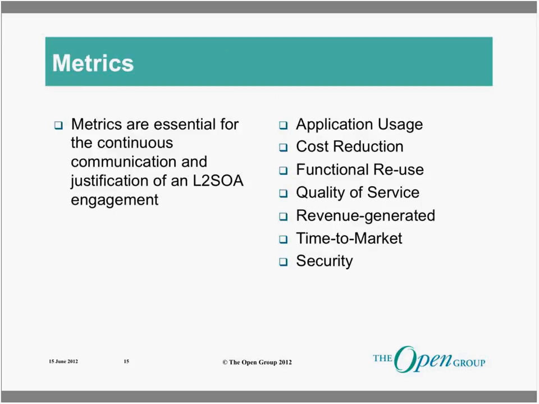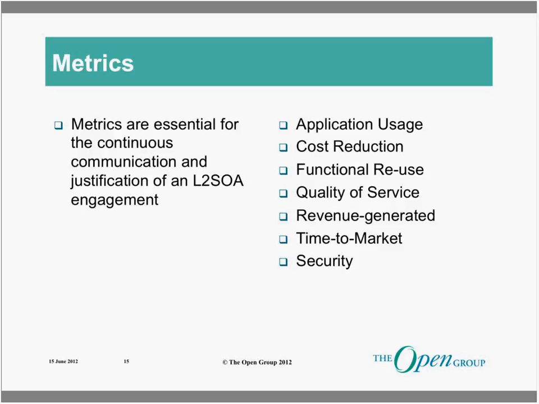So there are some metrics which might be considered for this legacy to SOA journey. Metrics are essential for continuous communications and the justification of the legacy to SOA engagement. Enablement describes how we could expose the underlying data or information to the service consumers.